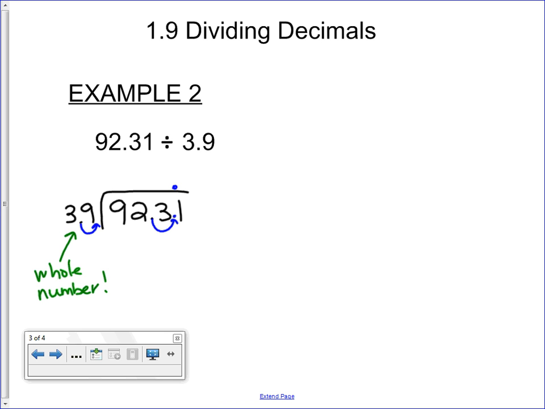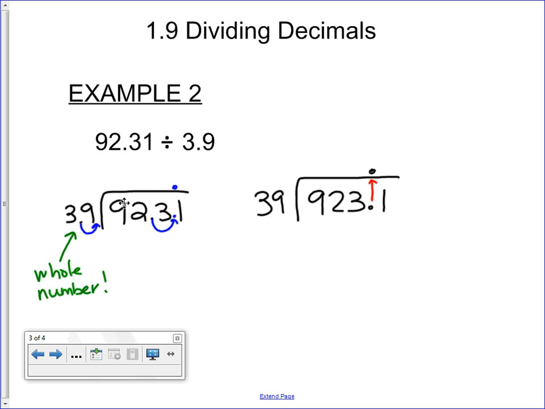So let's rewrite this. We have 923.1 divided by 39, and our decimal should come straight up into our answer.